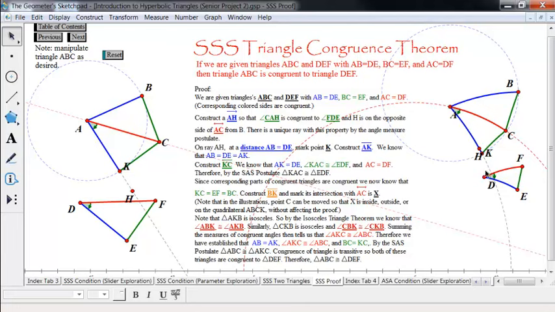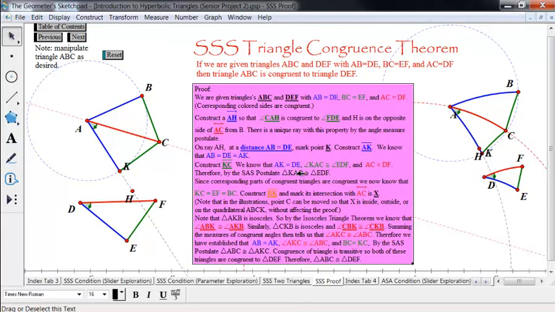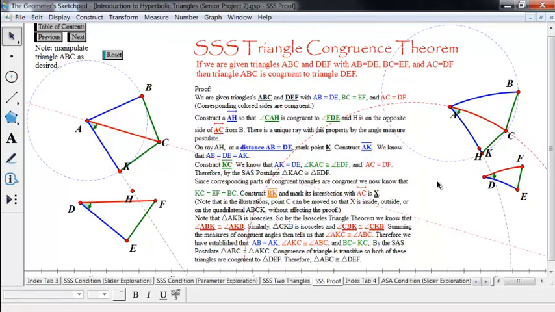Now here's what we're going to do. We're going to prove that we have some congruent triangles. Now what do we know? We know the blue side is congruent to the blue side. We know this angle at A is congruent to this angle at D, not necessarily the one we started with at A, but this new one for sure. And we know that this red side is congruent to this red one. Well, look at that. We have side angle side for those two triangles.